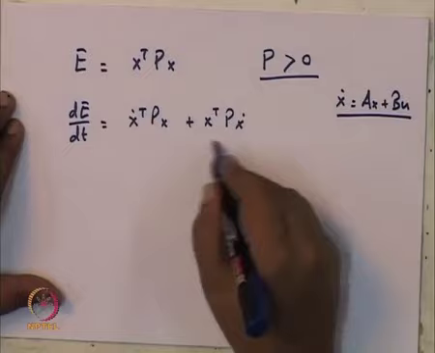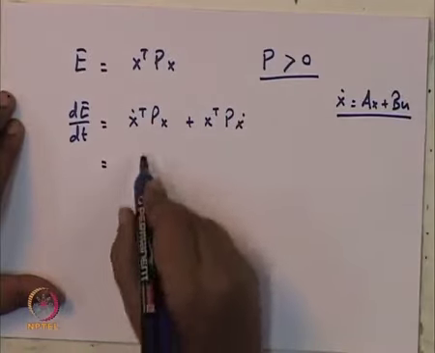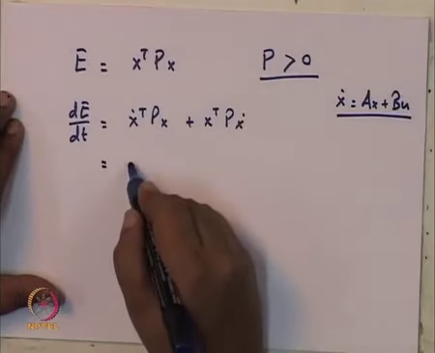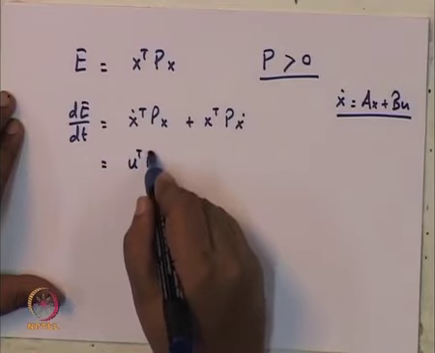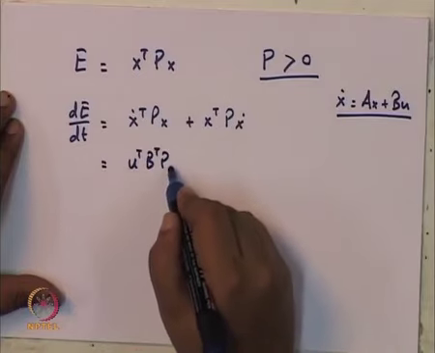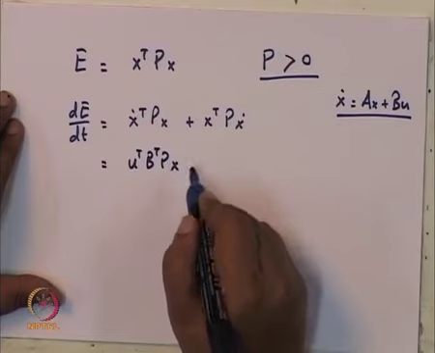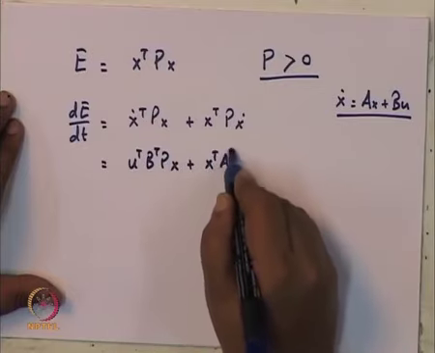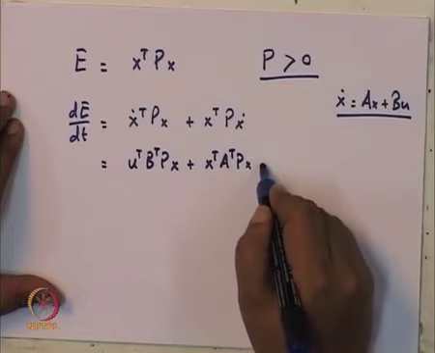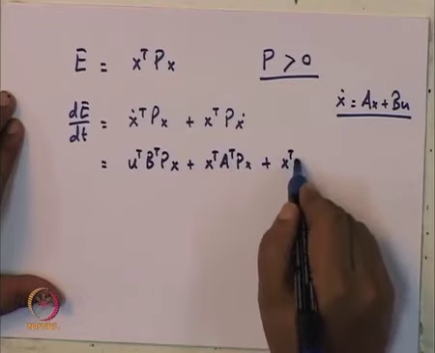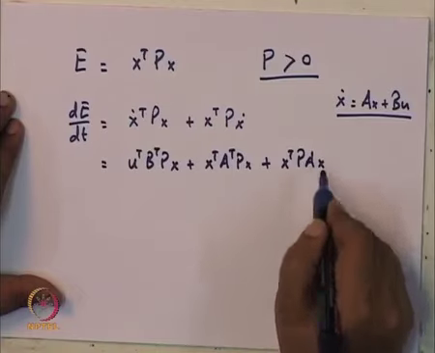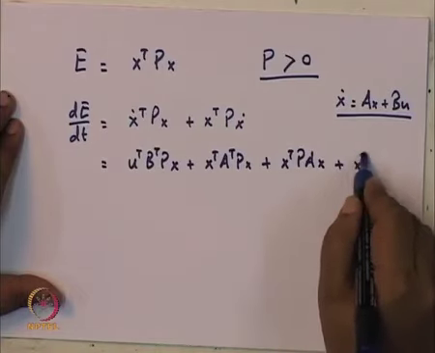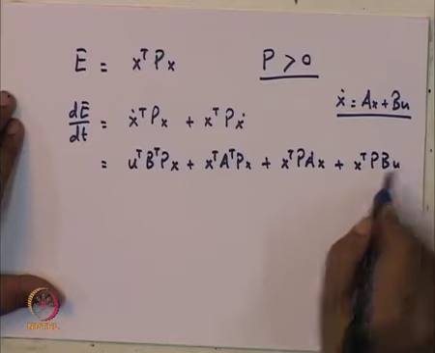So, you substitute this in for the x dot and you would end up with u transpose B transpose P x plus x transpose A transpose P x plus x transpose P A x plus x transpose P B u.